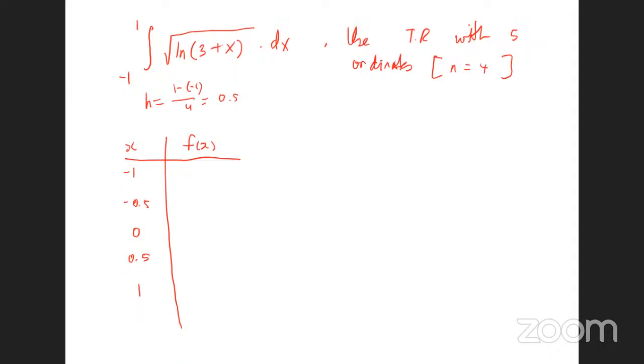Anybody can help me out there? What you got for when x is minus 1? Square root of ln 2, 0.833. What you got for your next one? 0.957.